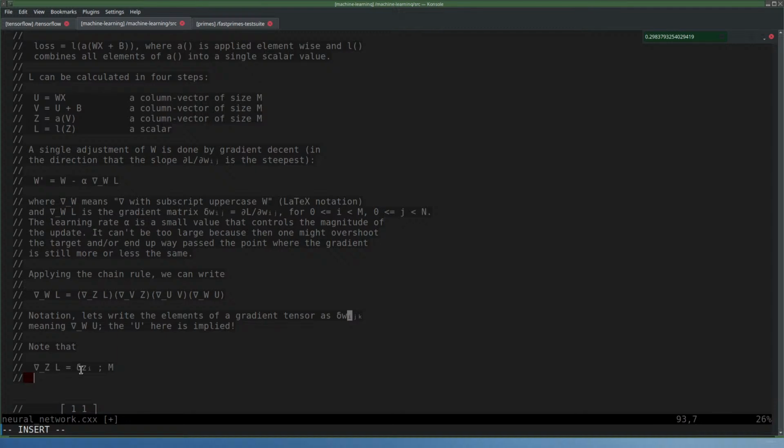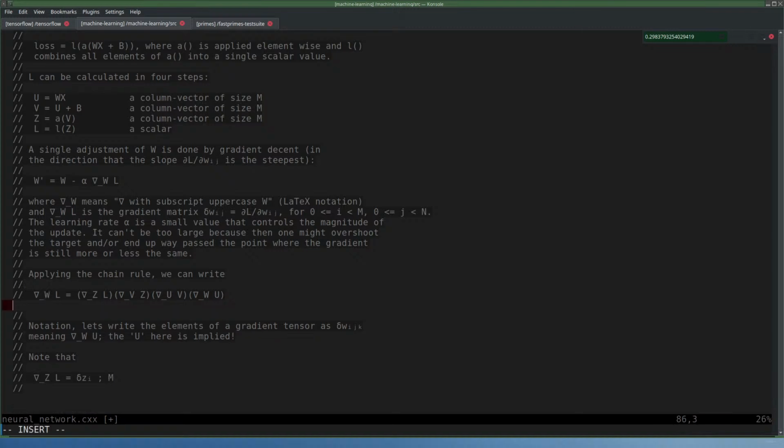Not really true. This must be a row vector. So maybe I should use a J here. Let's think about this. So this is a gradient relative to a W_ij of a scalar.